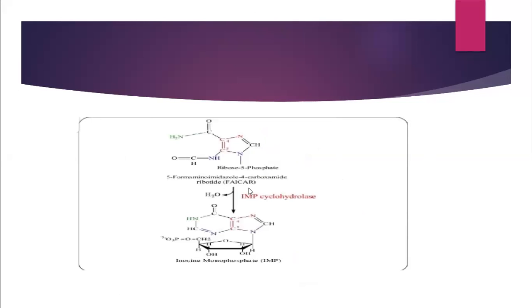Next, the FAICAR is converted into inosine monophosphate, which is the final compound, with the help of the IMP cyclohydrolase enzyme. Then this IMP is further converted into AMP, and AMP is further used for the production of energy.